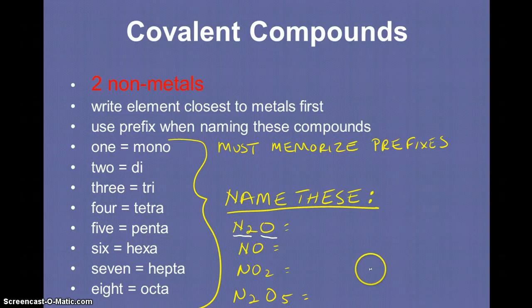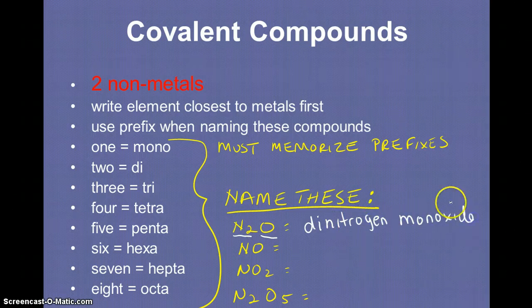We will use mono with oxygen only. So here I'm going to say dinitrogen monoxide. I wrote exactly what I see. Nothing tricky, no switching, nothing. They're actually very easy. Easier than ionic compounds, I think.